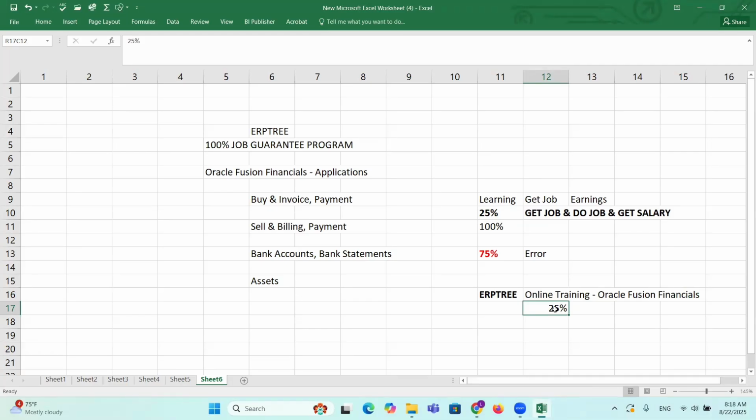Based on people's feedback, if they learn from some other institute, the learning is 15% only compared to ERP3.